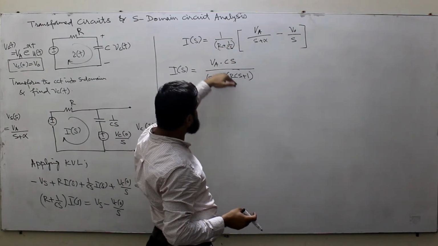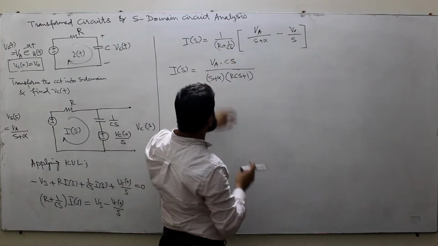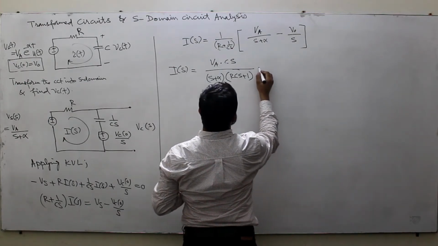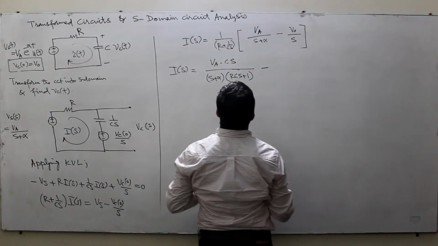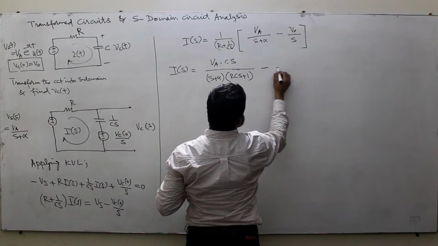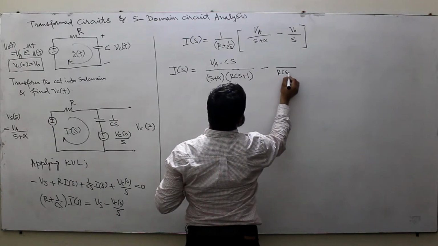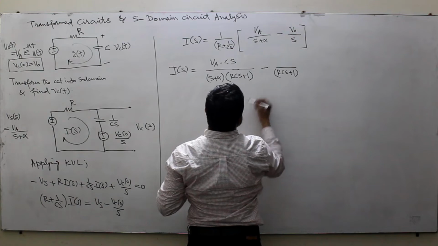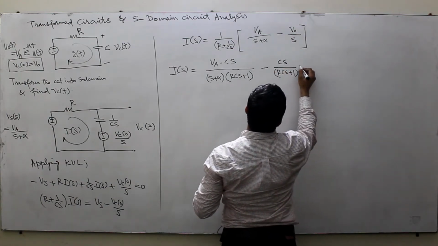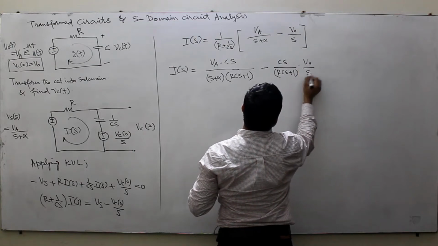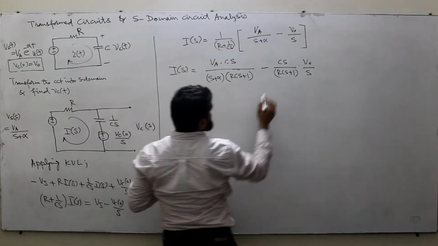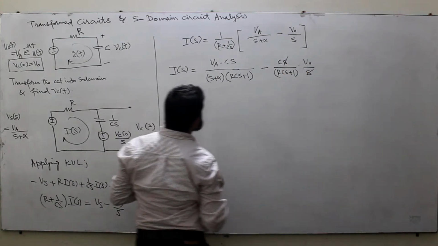RCS plus 1 over Cs. So Cs has gone to the top of this one, and further minus, this will go the same way with this one. So 1 over RCS plus 1, and Cs has gone to the top side, and V naught divided by S. Further, this S is cancelled out with this one.